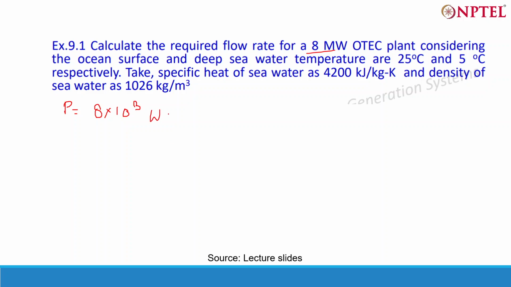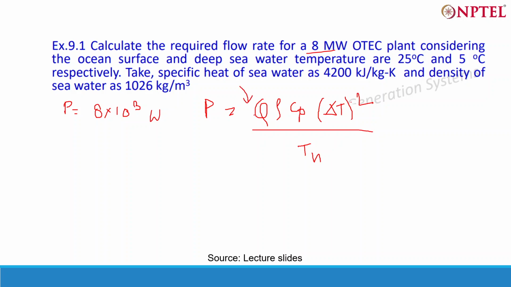Okay, so now you know P equal to Q rho Cp del T square upon Th. So you have to actually determine this flow rate.